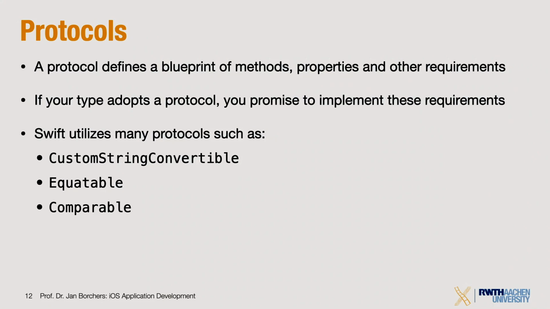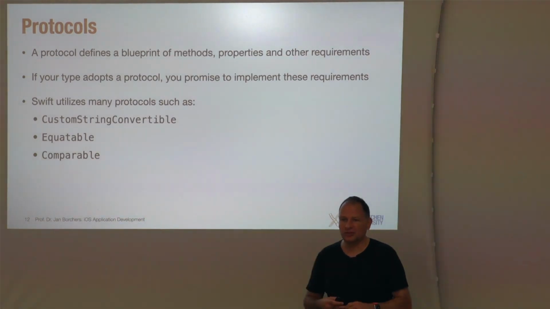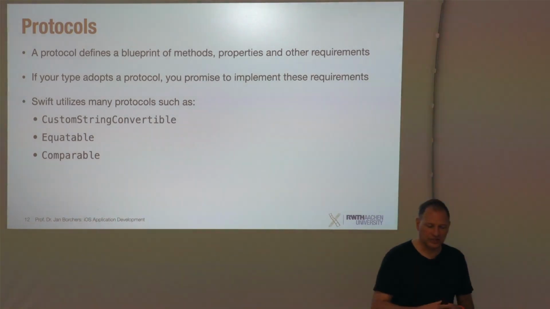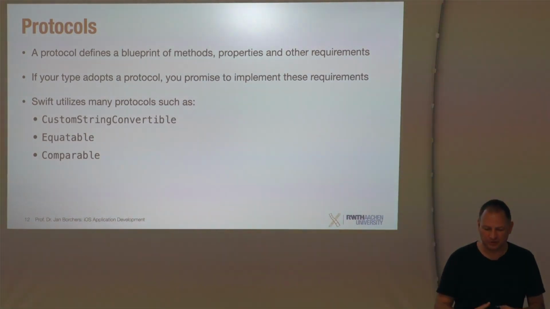So for the Java folks out there, what does that relate to in Java? What's the corresponding feature in Java? Yeah. Interfaces, exactly. So we're talking about interfaces here. So protocols are just, if you haven't used them much in Java, maybe they're like a contract, right? That you need to fulfill if you say, I'm adopting, as we say, I'm adopting a protocol.